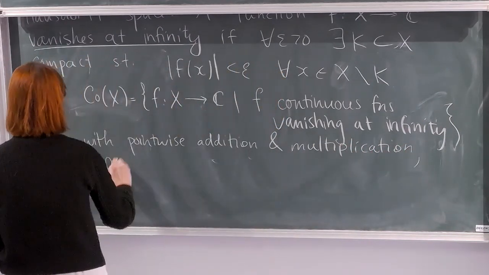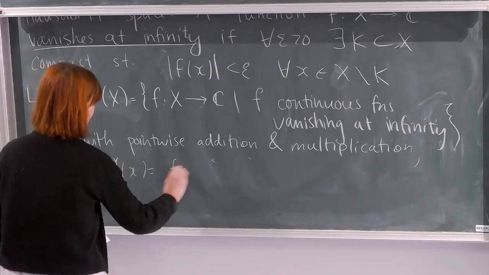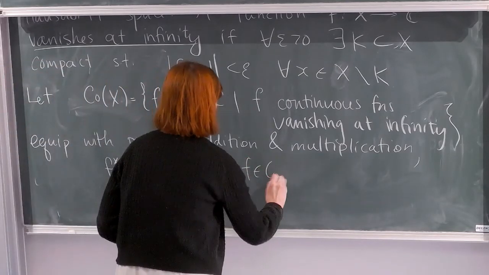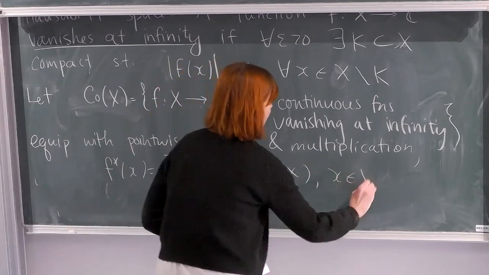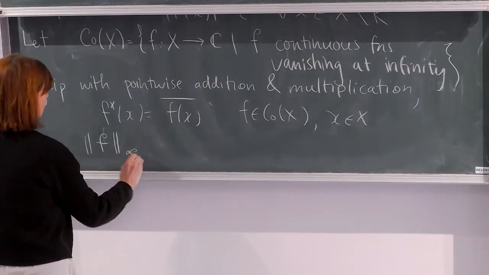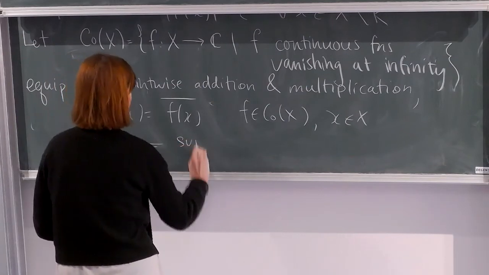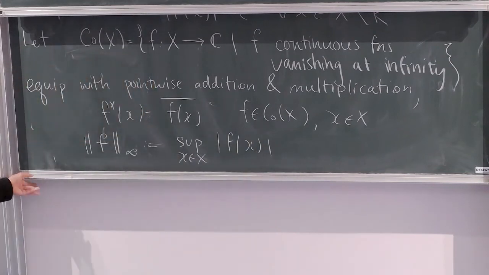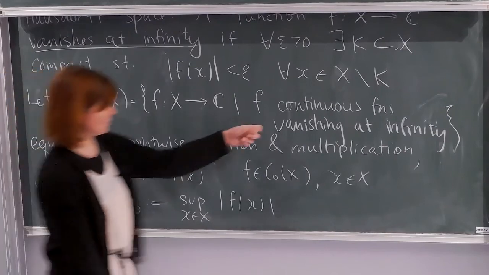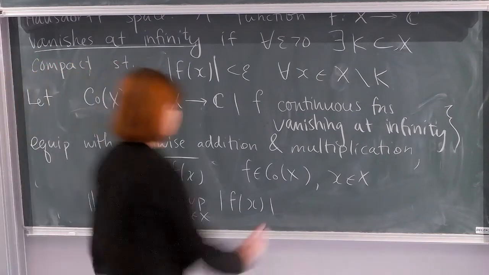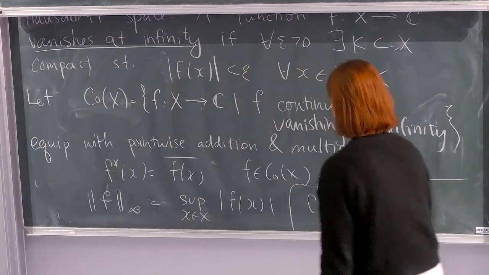And we define the adjoint of the function to be the complex conjugate. And we need a norm, and that will just be the sup norm. Note that this really does define a norm exactly because we've asked that these vanish at infinity. Otherwise, this wouldn't work. Okay, so it's easy to check that this is going to be a C-star norm. So this is a C-star algebra.